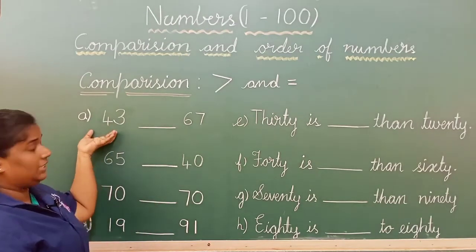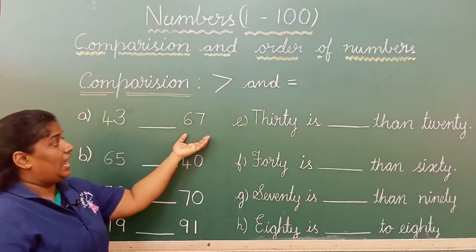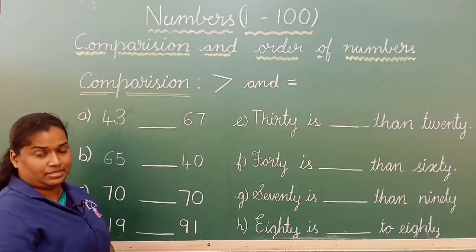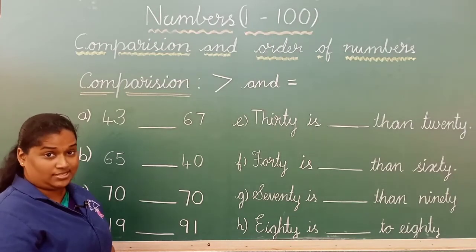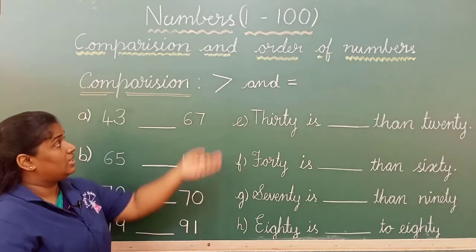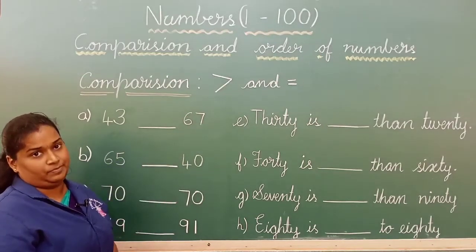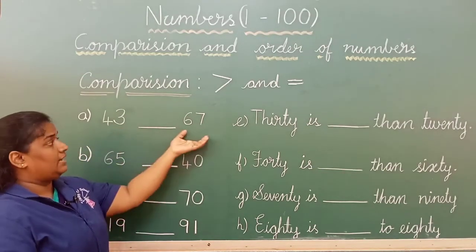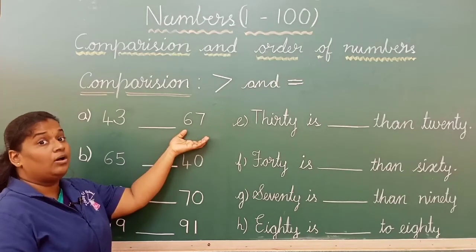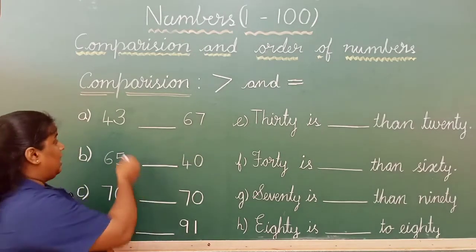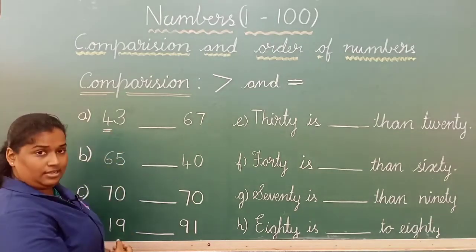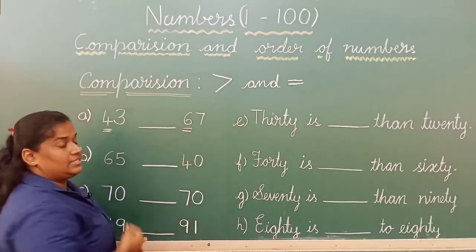The first numbers are 43 and 67. Are they equal? No, they are not equal. So we have to use this symbol. 43 and 67. Now look at the tens place of these two numbers. We have 4 tens here and 6 tens.